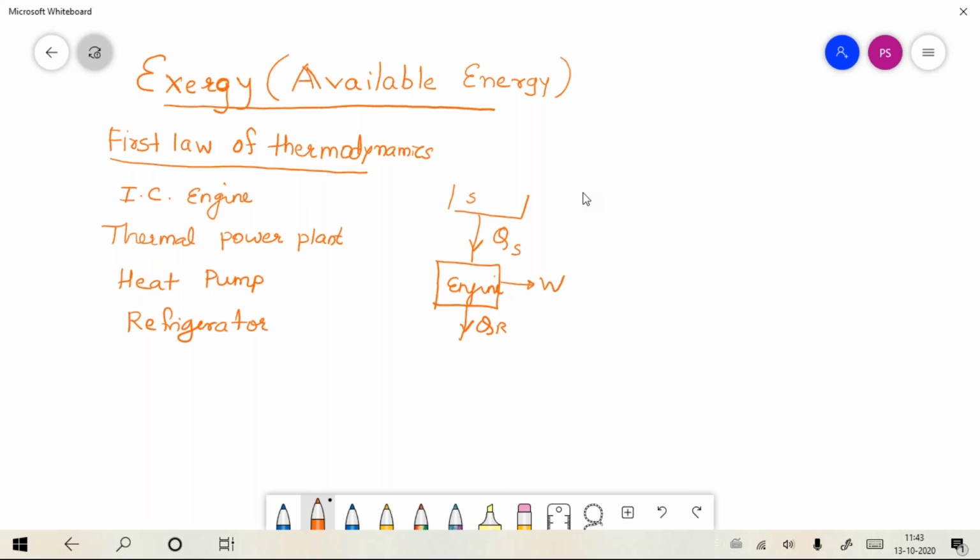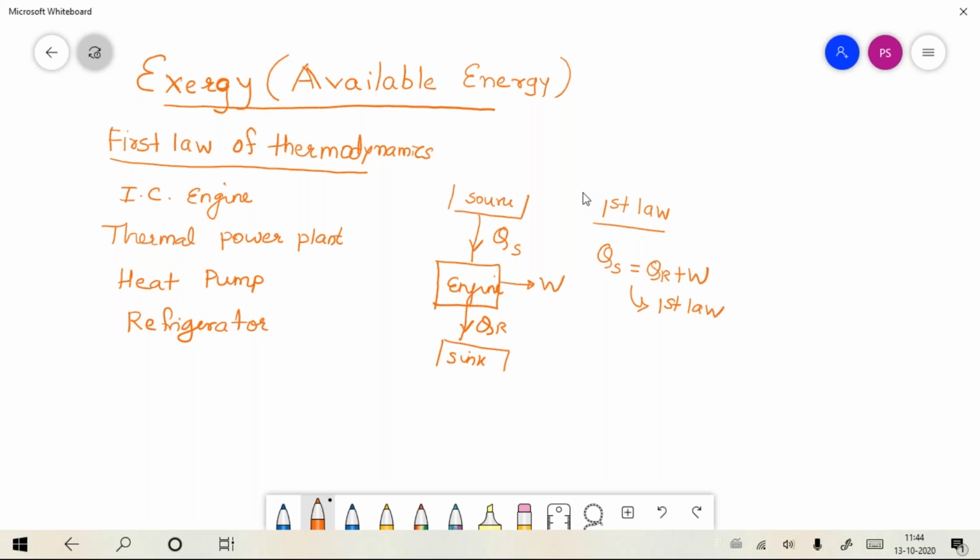Take a source from which the heat is supplied, and a sink where heat is rejected. From the first law, we could say that heat supplied is equal to QR plus W. This is the first law applied to a heat engine.